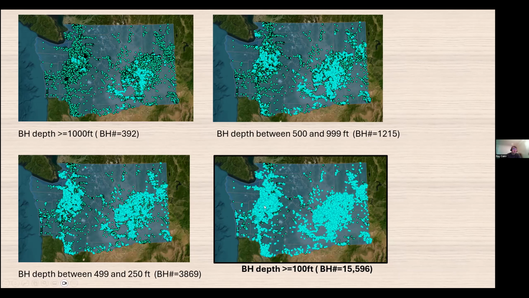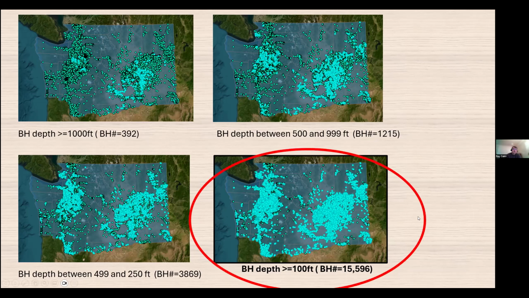We encounter some deep boreholes, and depth to bedrock is important for sediment thickness and sediment response. The other one is the shallow response. They are critical for high-rise buildings, for 1 to 3 story buildings, and for residential buildings. Most of those are in the I-5 corridor and also in the Eastern Washington area.